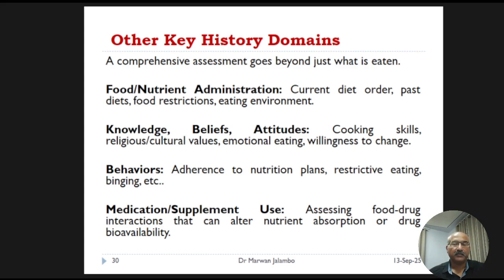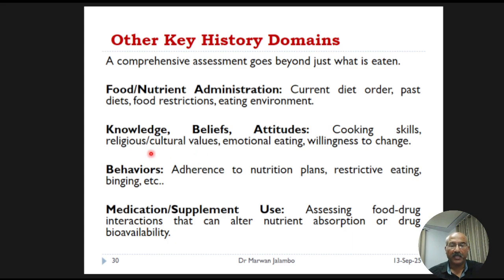Food and nutrient administration looks at how of eating. This includes current diet orders in hospital, any therapeutic diet they tried in the past, food allergies or restrictions, and the overall eating environment. Knowledge, beliefs, and attitudes is about what is going on in the client's head.